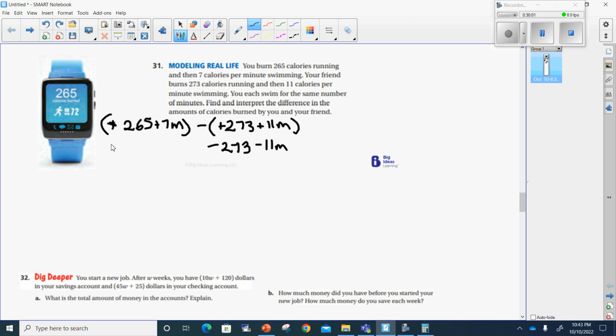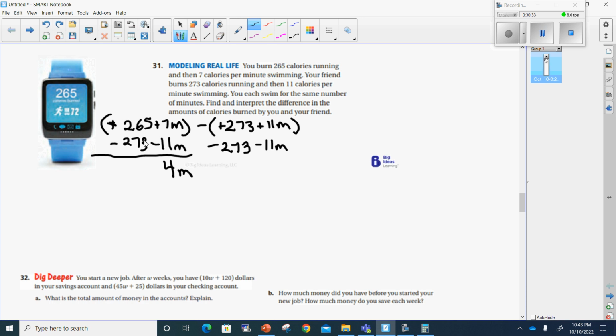All right, so now we can move all this over here. We got negative 273. We got minus 11m. Well, my signs are different, so I find the difference. 11 minus 7 is going to be 4m. So that's 4 calories times the number of minutes.